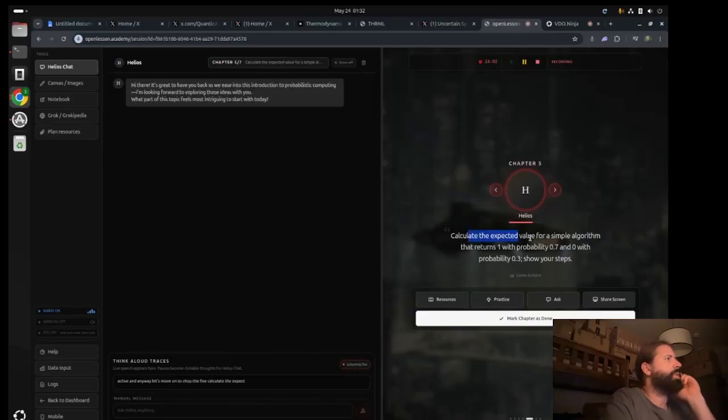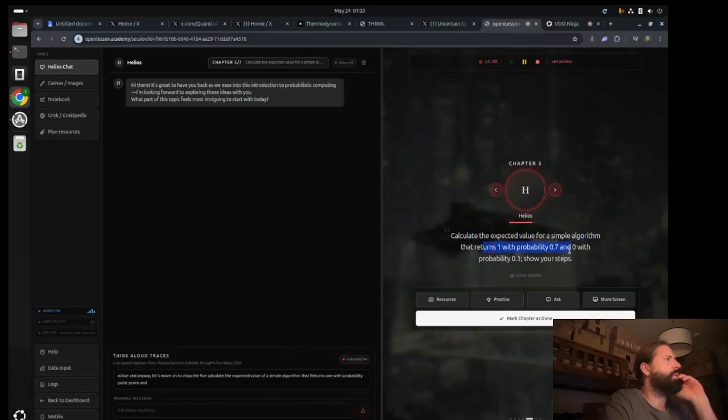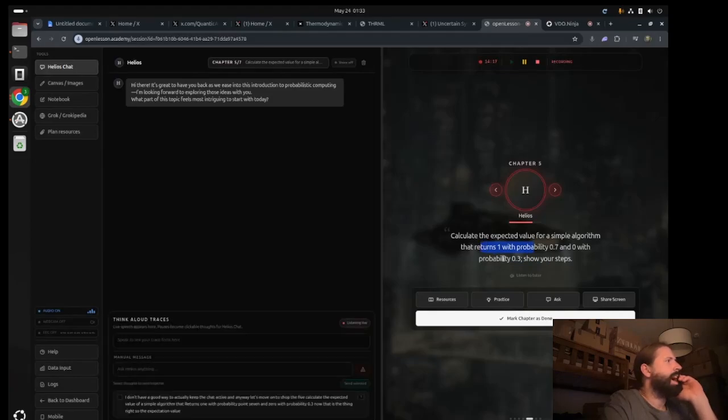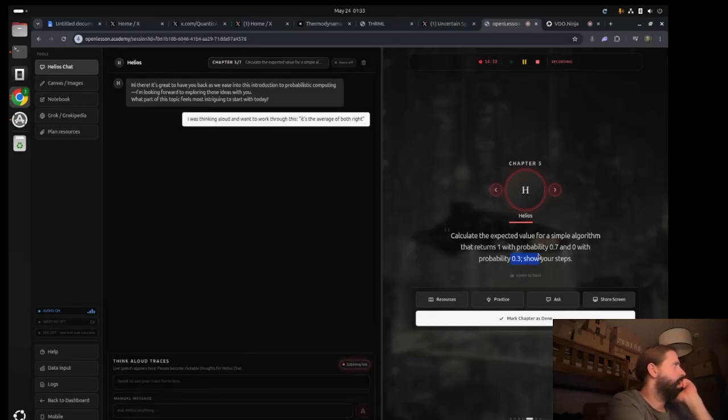Calculate the expected value of a simple algorithm that returns 1 with probability 0.7 and 0 with probability 0.3. Now that is the thing, right? The expectation value is the average of both, if I remember well.